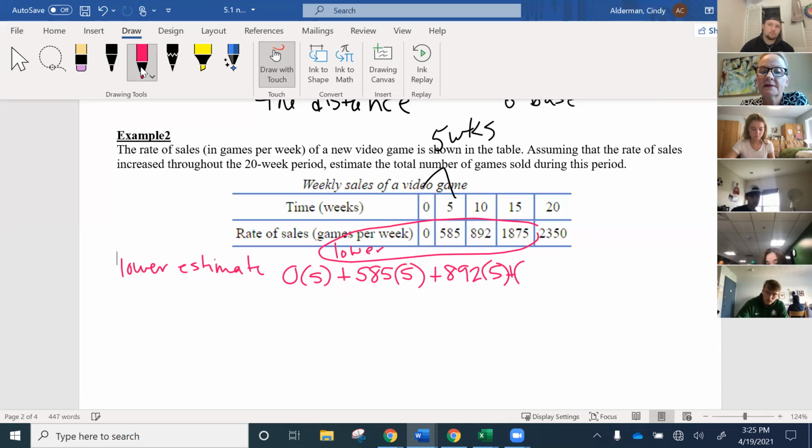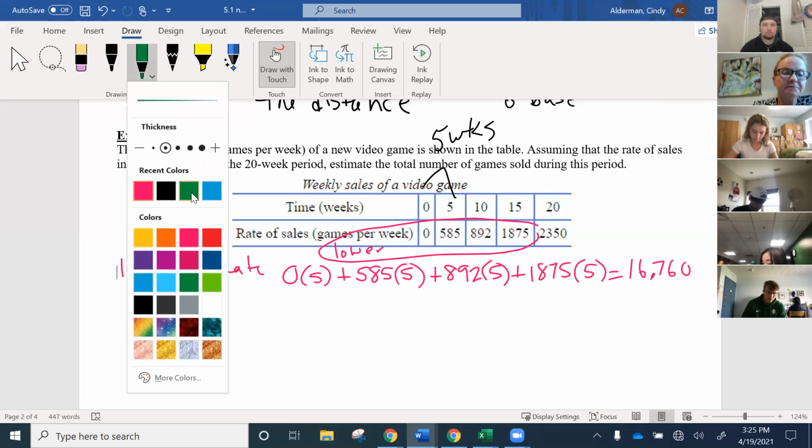And then, let me backtrack there. Plus, after 892 comes 1875, still 5 week intervals. And if you add up all of those, you're going to get 16,760 games sold. That's a lower estimate.